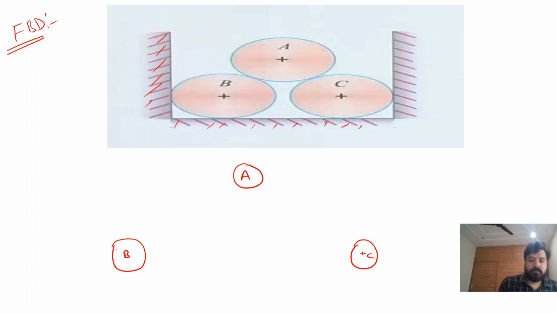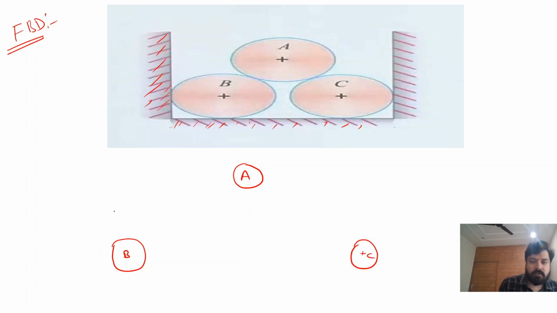Okay, now we start with B. So the sphere B is resting like that, so there is a contact between the vertical surface and B, and there is also a contact between the horizontal surface and B. So these two surfaces apply a reactive force because sphere B wants to push the vertical wall and the horizontal wall, so a reaction force comes.